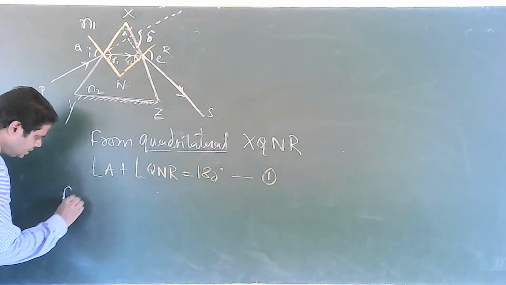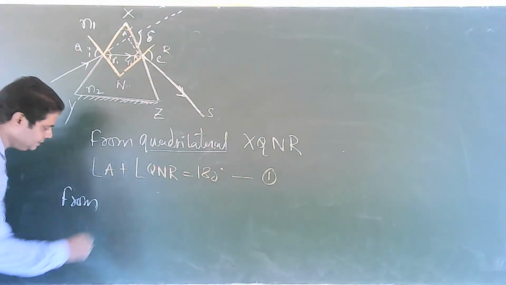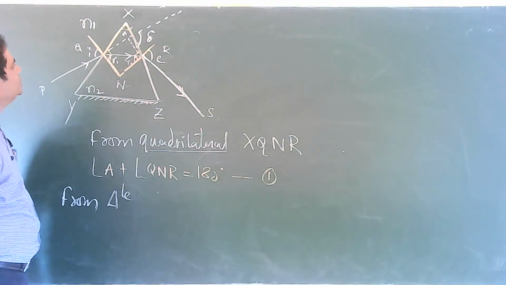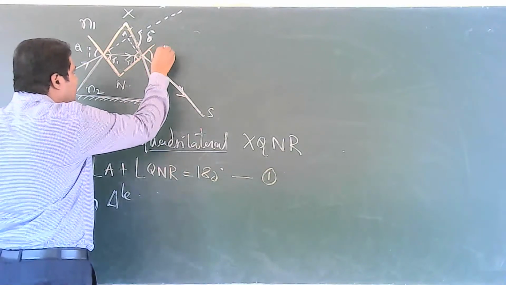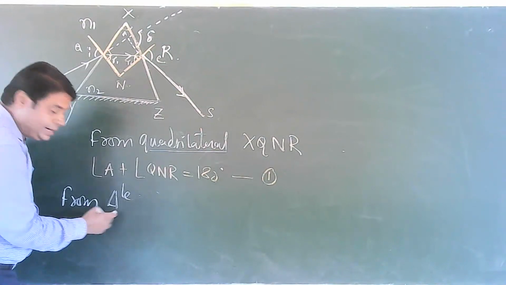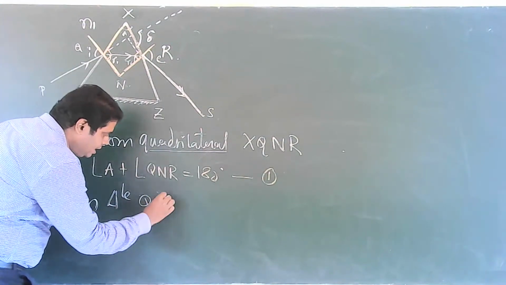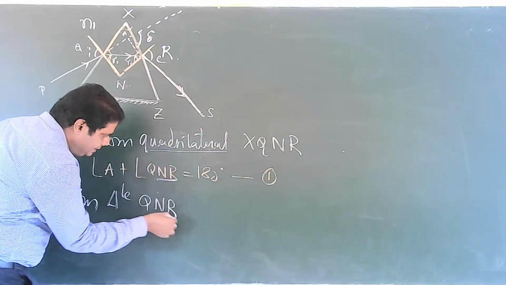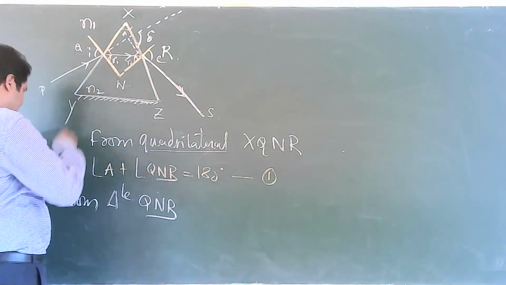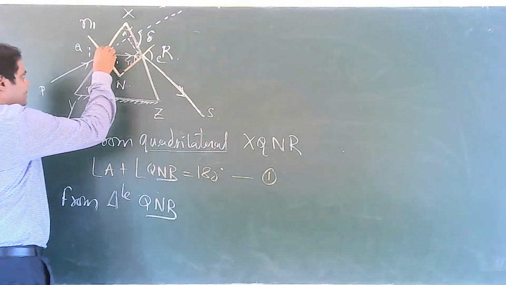Now see, from the visible triangle, I am writing triangle, remember, triangle QNR. This is triangle QNR. Let me change the color now.